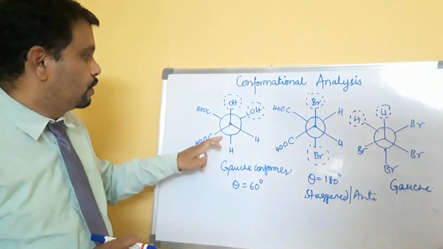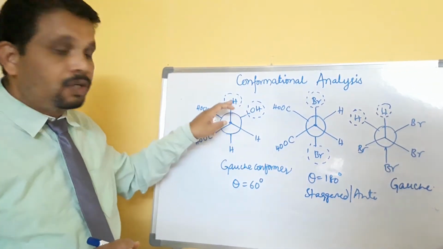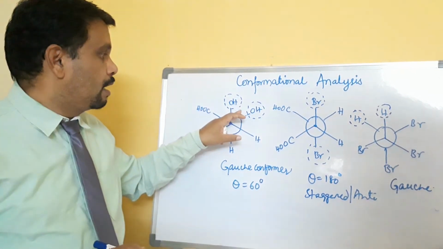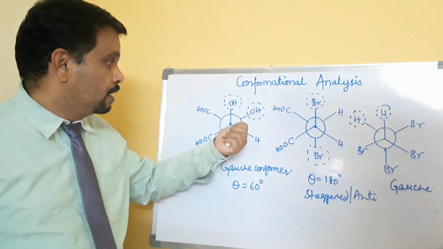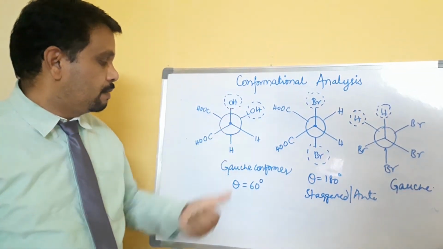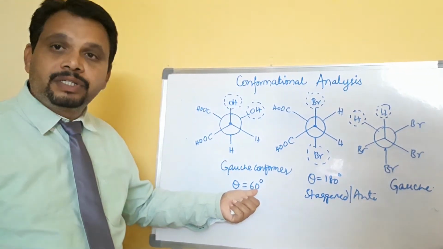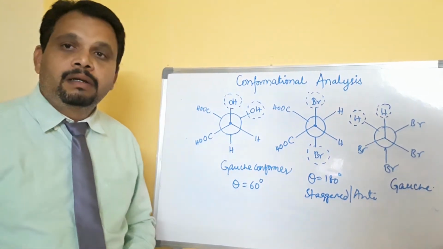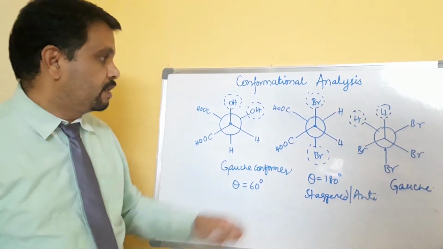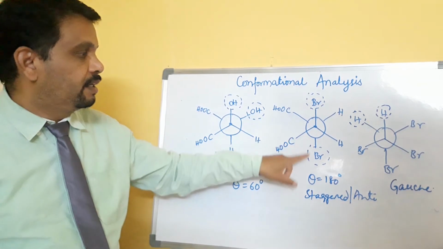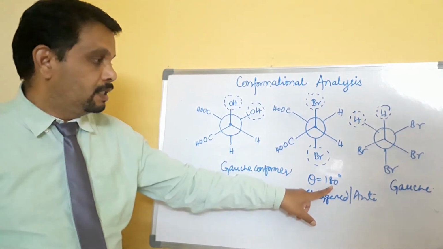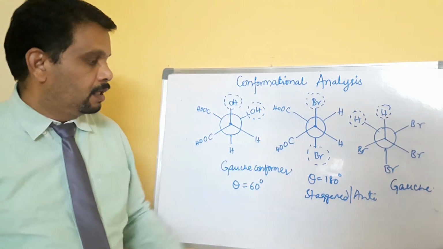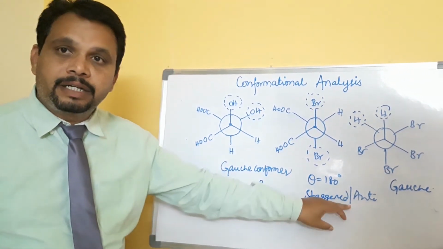In the first case, hydroxyl groups are identical top priority fluidicial pairs, separated by a dihedral angle of 60 degrees, so they are classified as gauche conformer. In the second case, bromine has a 180 degrees dihedral angle, therefore it is classified as staggered or anti.